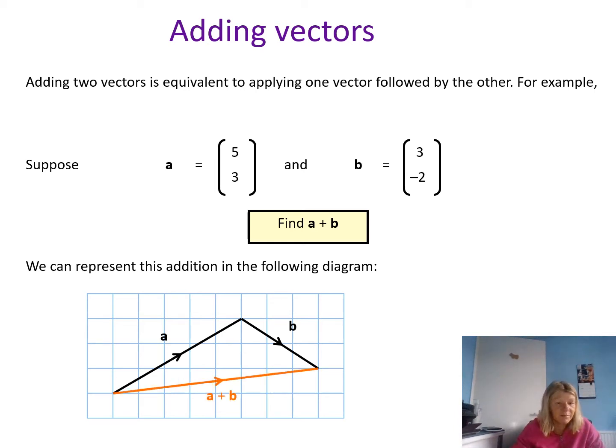Well, the vector from A to B is going all the way from A to B. And by magic, you can count these squares if you want. That is 8 along and 1 up. And you can get that also by adding the numbers. 5 plus 3 is 8, and 3 plus minus 2 is 1. Super.